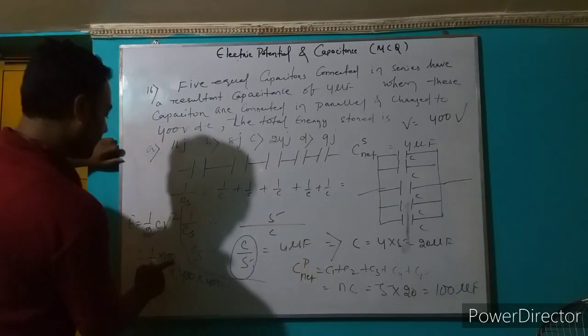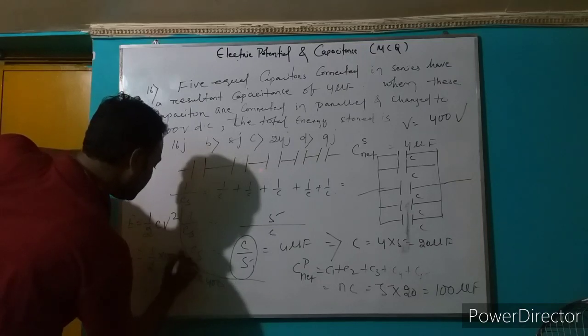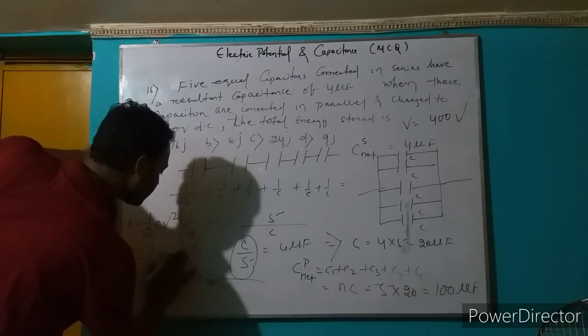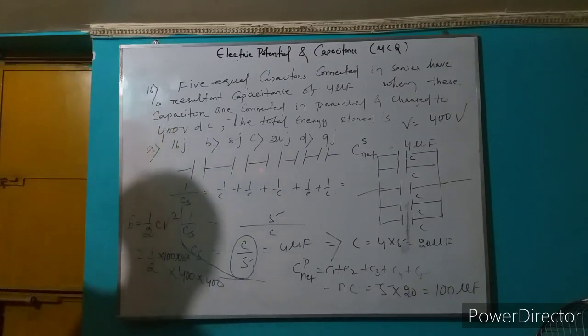And C can be represented as 100 into 10 to power minus 6, because it is in microfarad. In SI, it is 100 into 10 to power minus 6 farad.